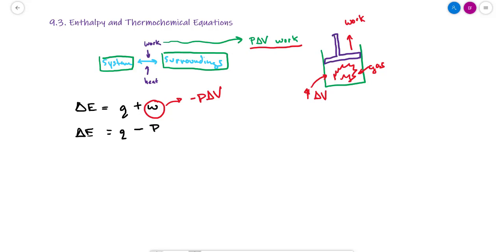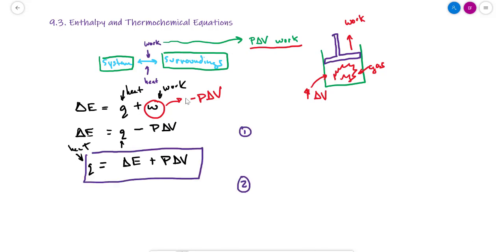So this becomes Q minus P delta V. We can rearrange this equation and solve for Q, and remember Q is heat in this case, and W is work. So the heat, Q, is then going to equal the energy change in the system plus P delta V. So that's our heat.